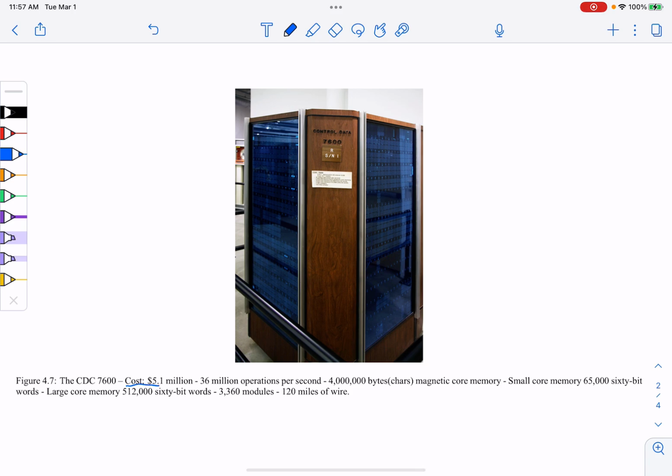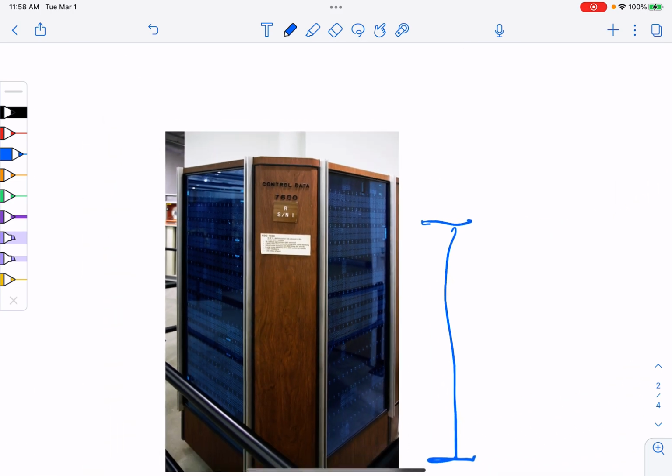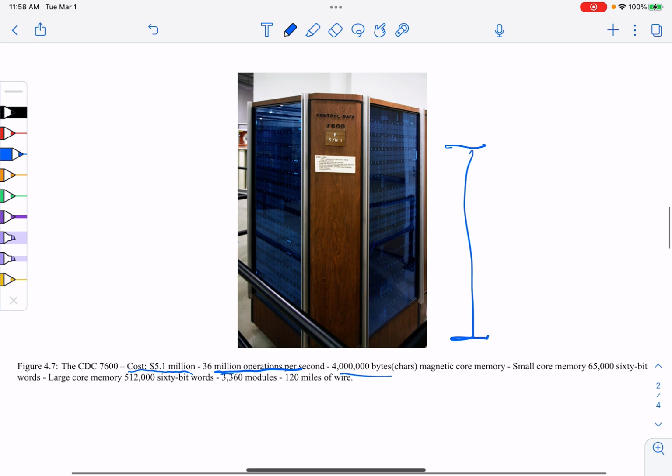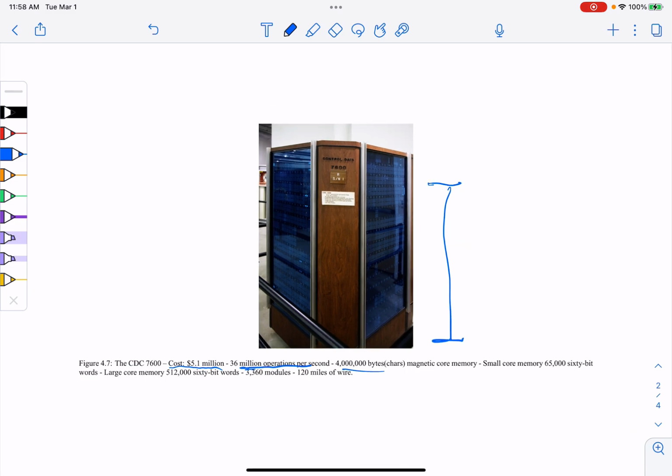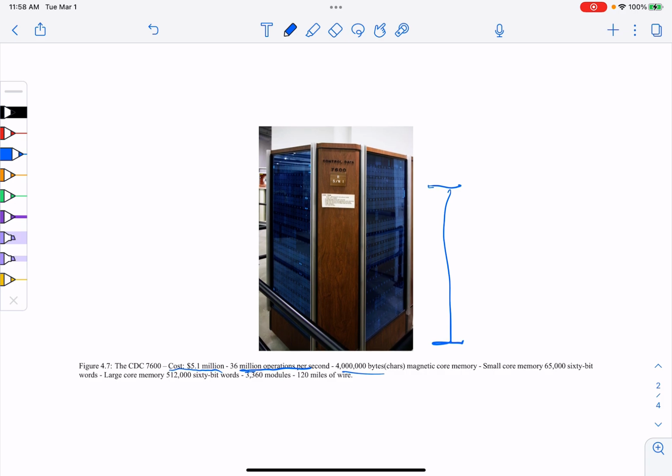The computer that they were running their model on cost $5.1 million near the time of publication. And in this little box, which you could stand by, if you're about this high, it's about 120 miles of wire, and you can even see how much floating point performance it has and the amount of memory. I think this is in the Computer History Museum I got this off of, which is a place in California you can go to see these types of machines for their preservation.